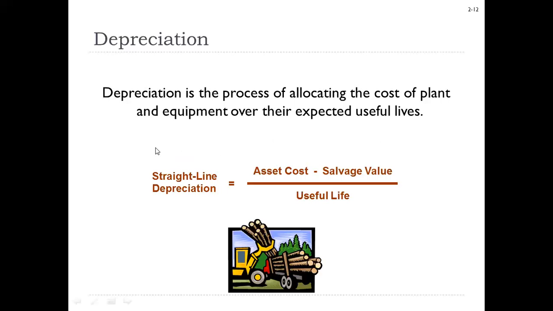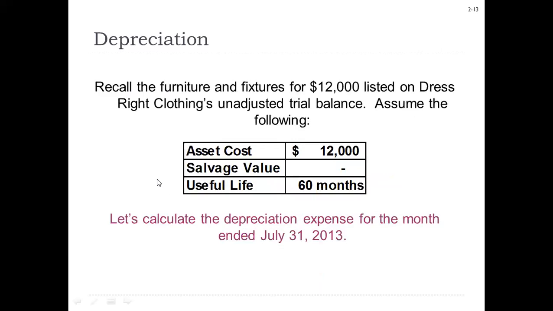So here's an example, as you remember from Accounting 201, of how to calculate one type of depreciation called straight line depreciation. And again, we'll talk about this when we look at the homework. Okay, so here's an example of how to calculate straight line depreciation.